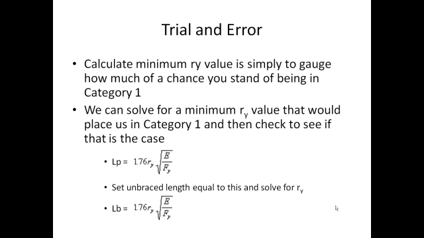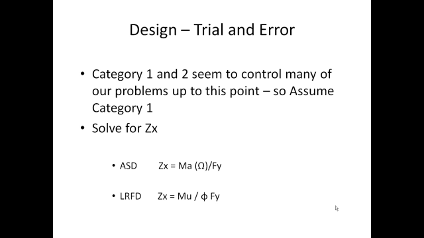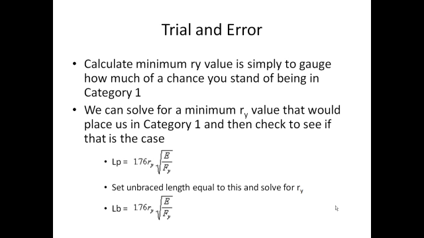This ry value then is a minimum ry value to achieve the category 1 type of behavior, to fall in category 1. So if you solved for Zx and you chose some member, let's say it was a W12x50 based on this step, you could do this step and solve for ry minimum, and you could look at the W12x50's ry value, and if it is over this calculated ry minimum value, you would be in category 1.